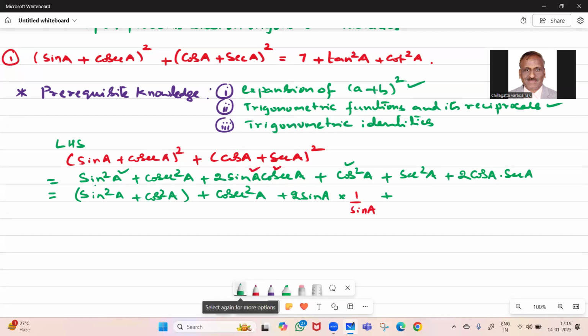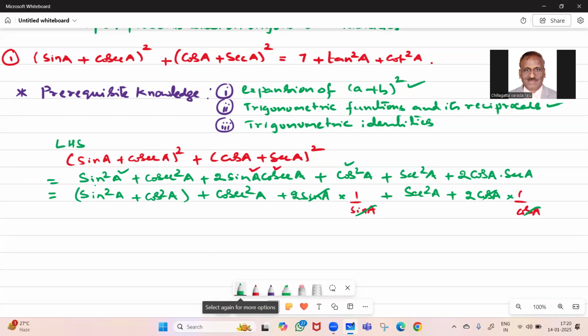Plus secant square A, because cos square A we have already written, so secant square A I'll write as it is. Plus 2 into cos A into, for cos the reciprocal is secant, no? So secant A can be written as 1 by cos A. Don't you see in the calculations, sin A and sin A will cancel, and cos A and cos A will cancel. Now the second concept, trigonometric functions and reciprocals, we have used and simplified.